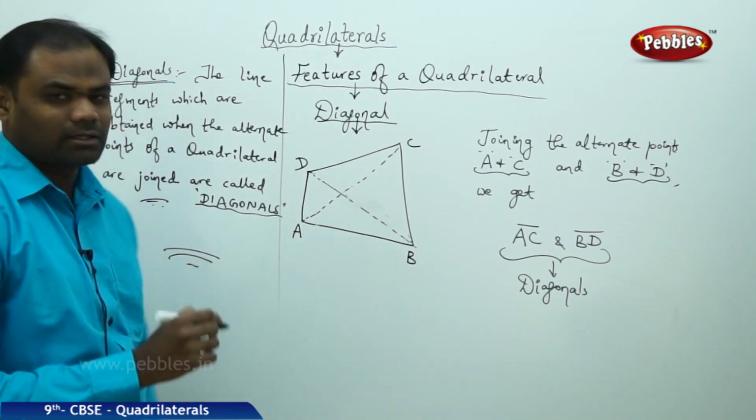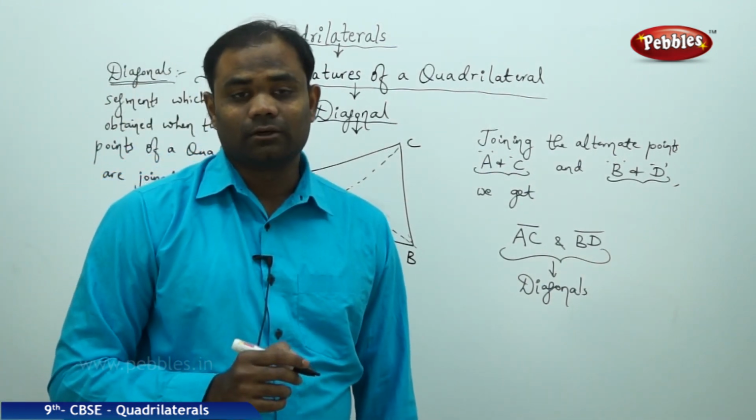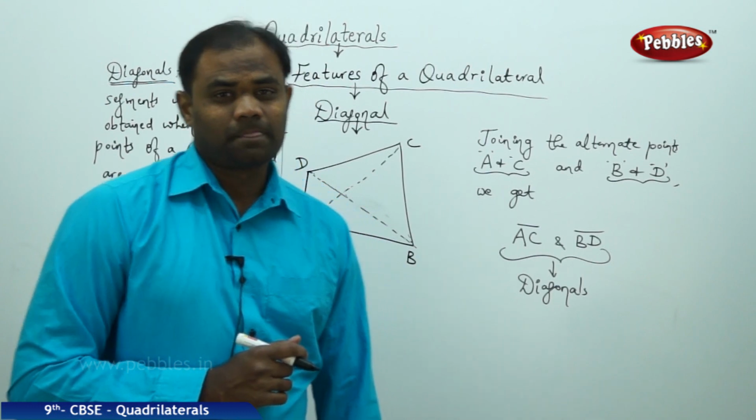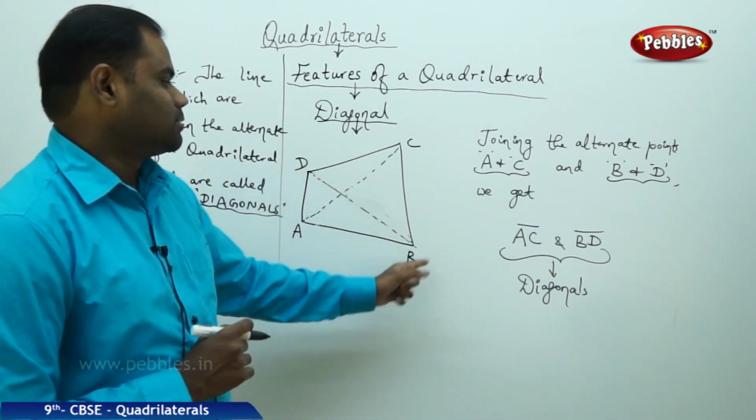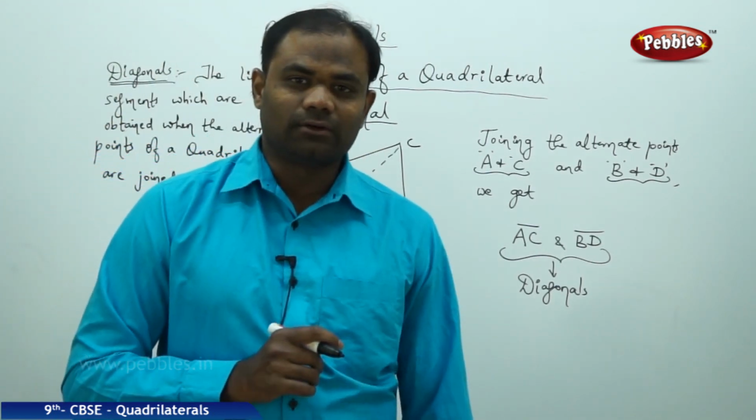This is how I understand the diagonal in a four-sided figure. Alternate points joined, I get two diagonals in the quadrilateral.